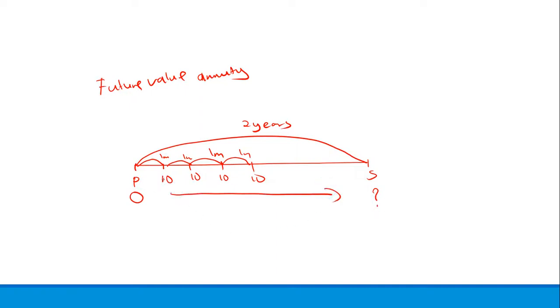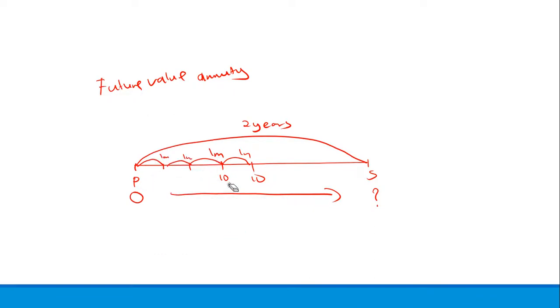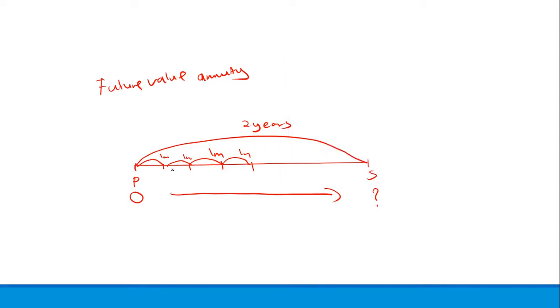The amount that you pay every month, 10 ringgit, is also known as the symbol R. The number n is equal to m multiplied by t, and since you pay every month, m is 12 months.